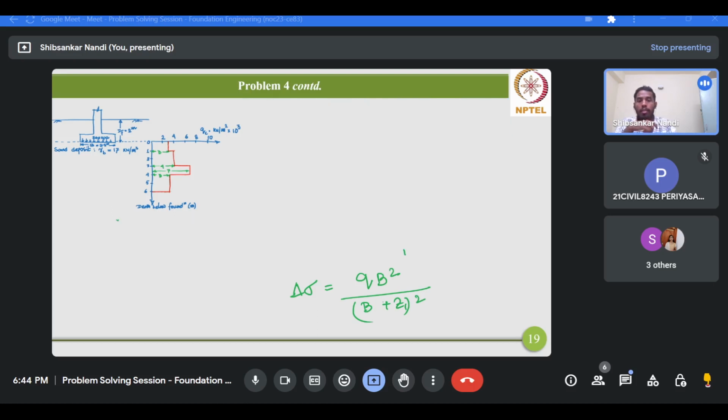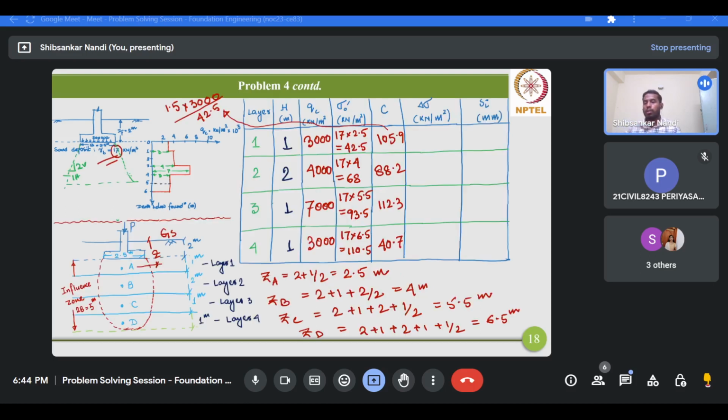Now for this z and z1, two notations are used. z denotes the distance from the ground surface, where the datum is the ground surface. However, for z1 the datum is the foundation level.